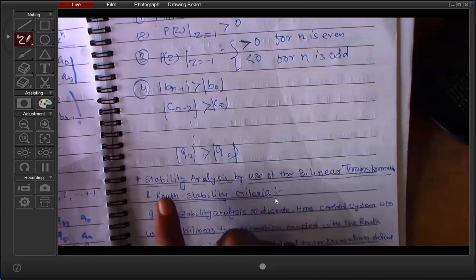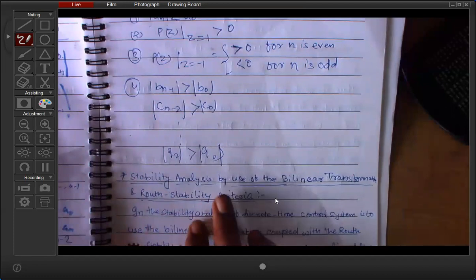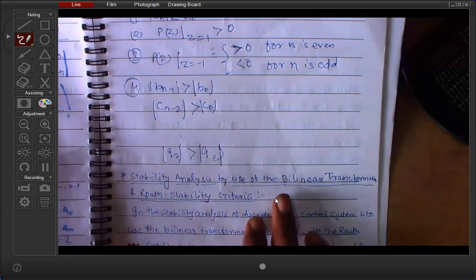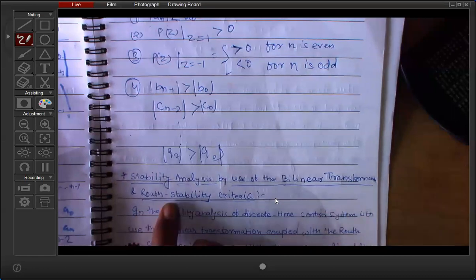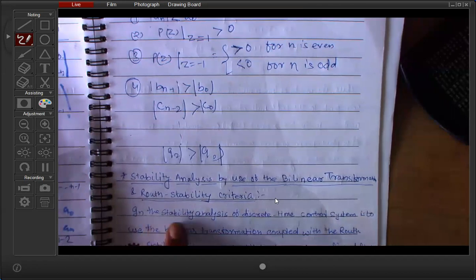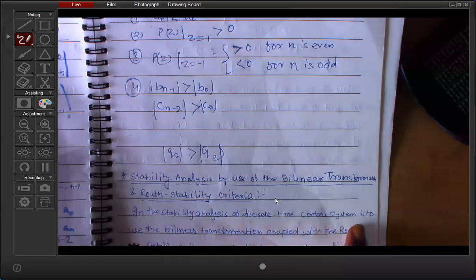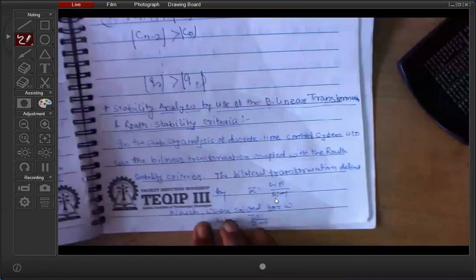So now, the next method is the stability analysis of any discrete time system by the use of bilinear transformation and the Routh stability criteria. In this analysis, the bilinear transformation is coupled with the Routh-Hurwitz stability criteria.